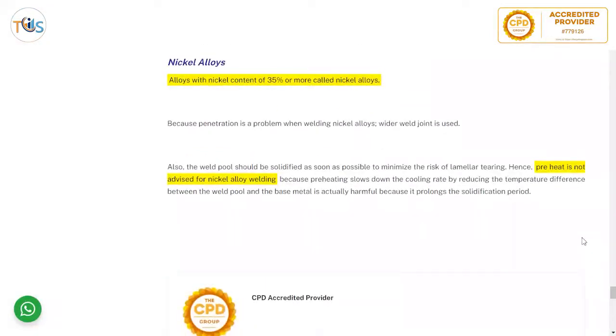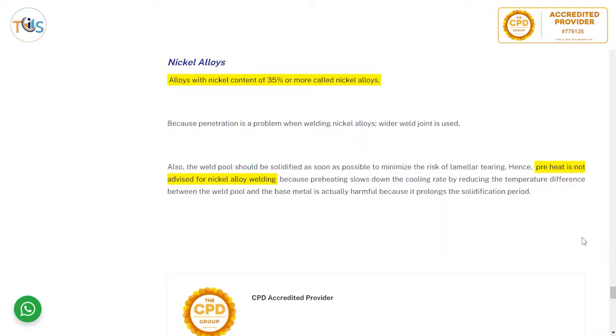And nickel alloys. Alloys with nickel content of 35% or more are called nickel alloys, because penetration is a problem. In welding nickel alloys, a wider weld joint is used. Also, the weld pool should be solidified as soon as possible to minimize the risk of lamellar tearing.